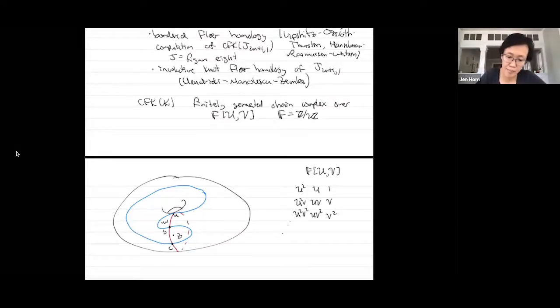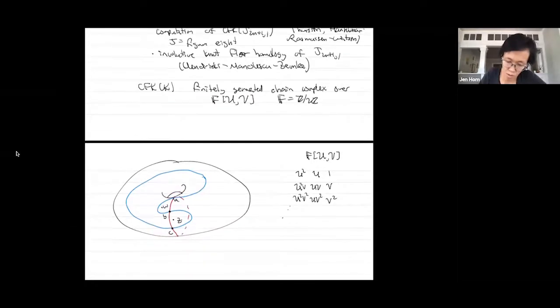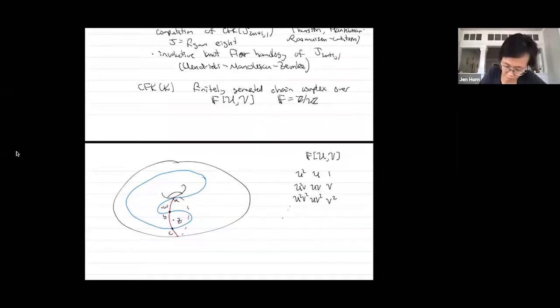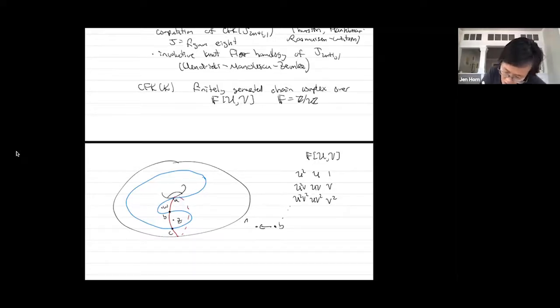Okay, and then associated to this Heegaard diagram, you'd see that the boundary of B is going to contain A when you cross the base point W. So you see an A here, and this goes to, sorry, this should be a B, B, and this goes to UA.